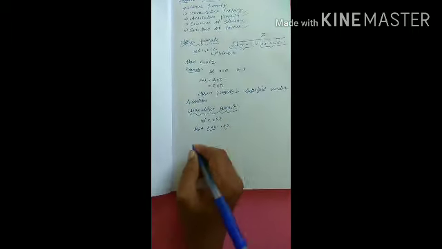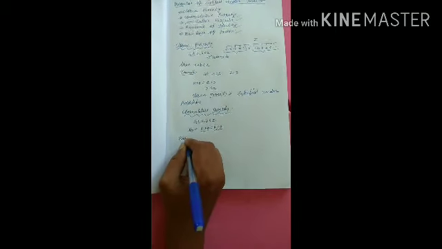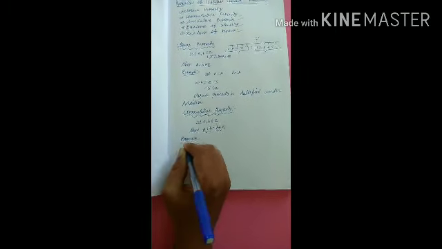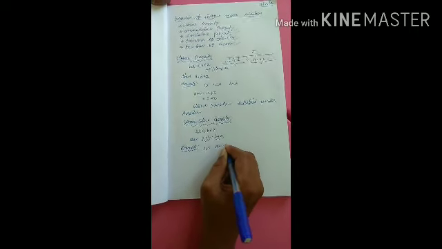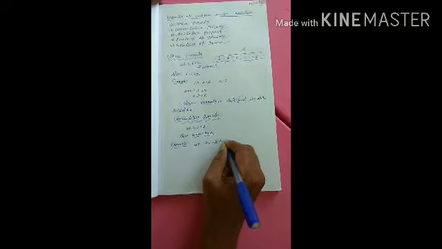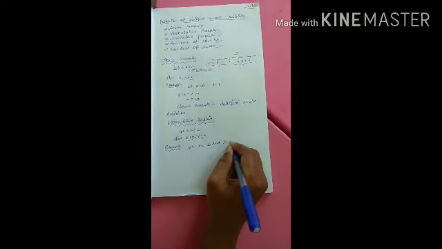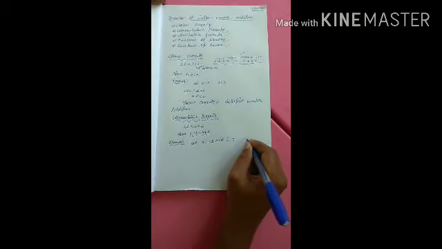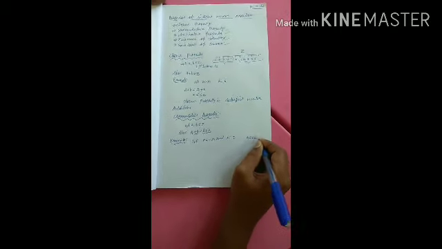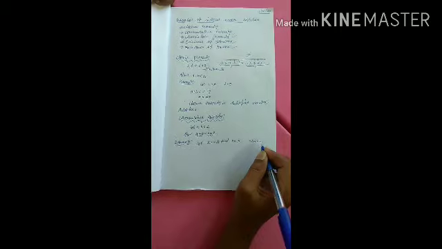Now example. Let me take a equal to minus 2 and b equal to 3. Clearly minus 2, 3 belongs to Z. So what's the condition?